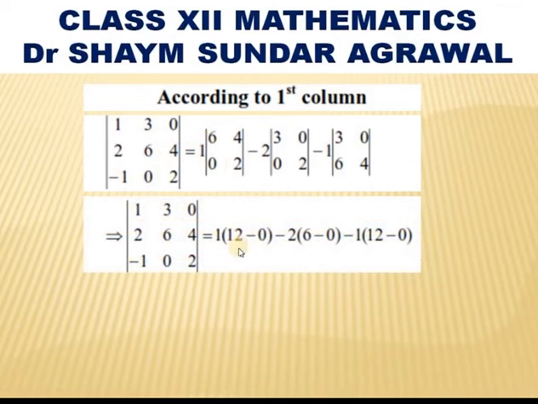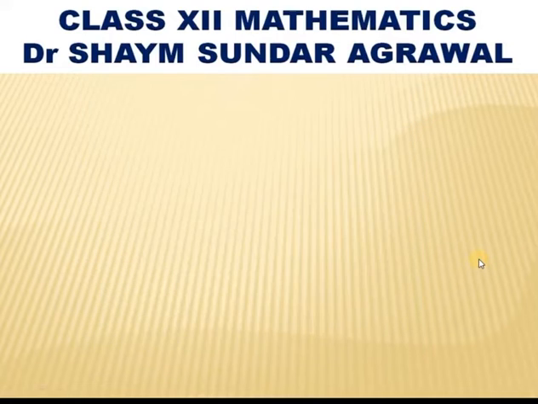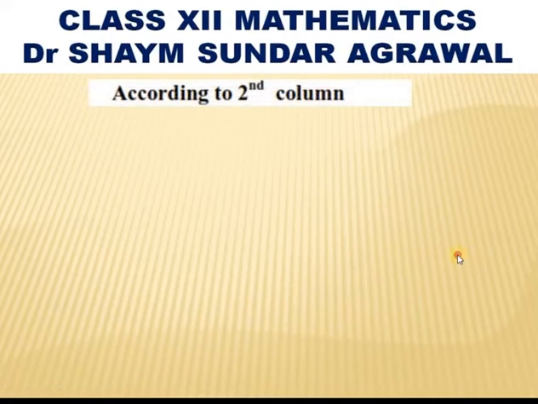So, it is 1 into 6 2s are 12 minus 4 into 0 is 0, minus 2 into 6 2 into 3 is 6, 0 into 0 is 0, minus 1 into 3 4s are 12 minus 6 into 0 is 0. That is 12 minus 12 minus 12, which equals minus 12.